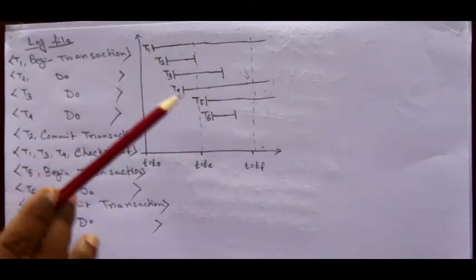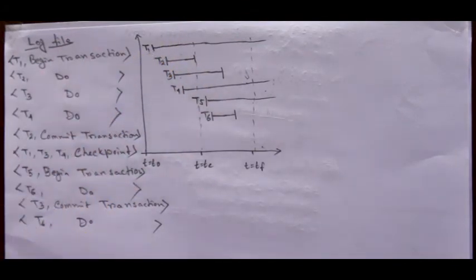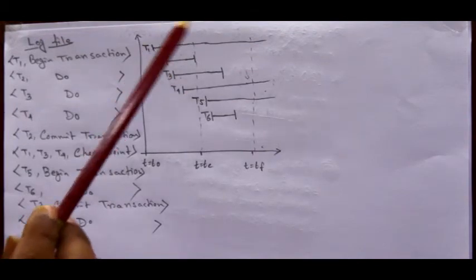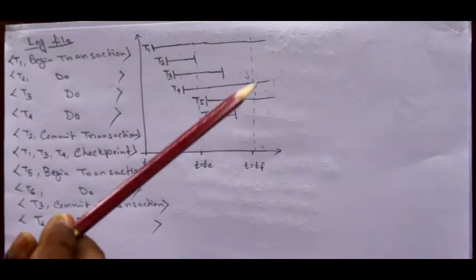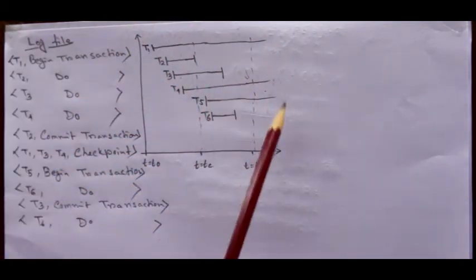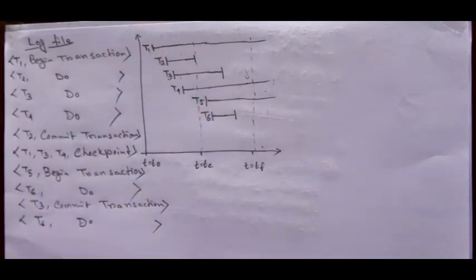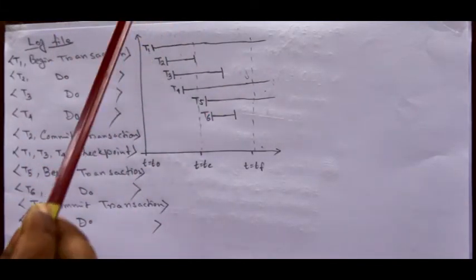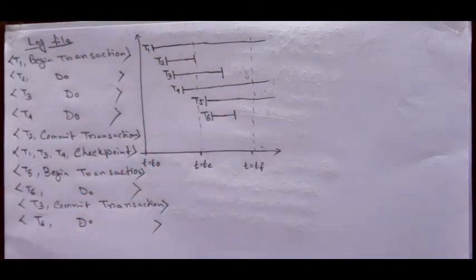So we can say that there is no effect for transactions T2, T3, T6 because they have completed their task before system failure. But transactions T1, T4, T5 are lost.